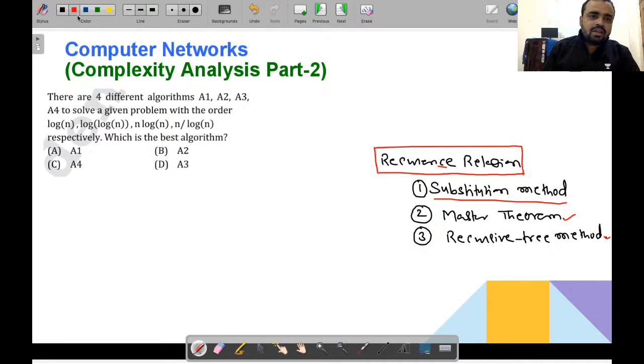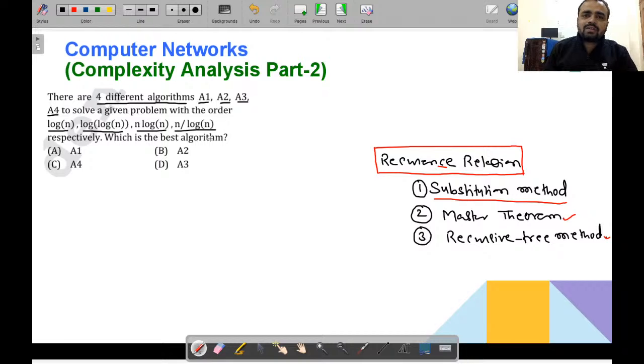Before moving to the master theorem or the recursive tree method, let's try to solve this particular problem. See what the problem is saying. There are four different algorithms A1, A2, A3 and A4 to solve a given problem with the order of log n, log log n, n log n and n divided by log n respectively.